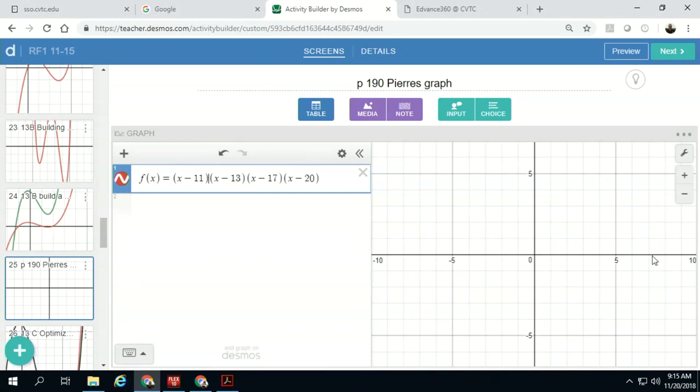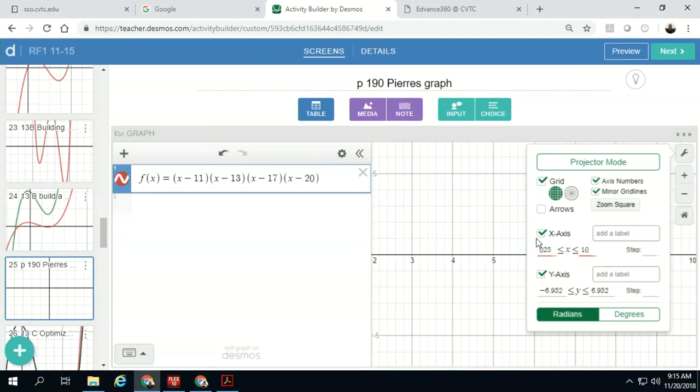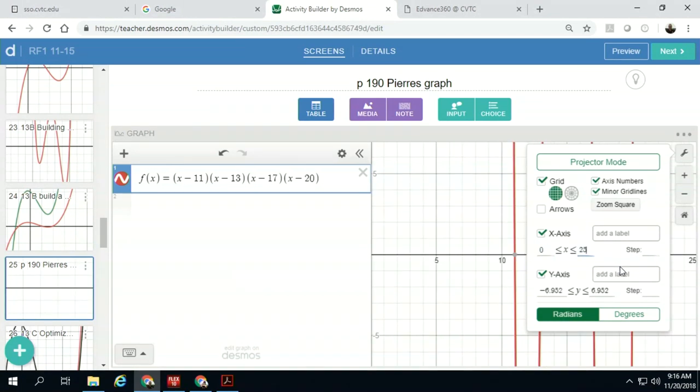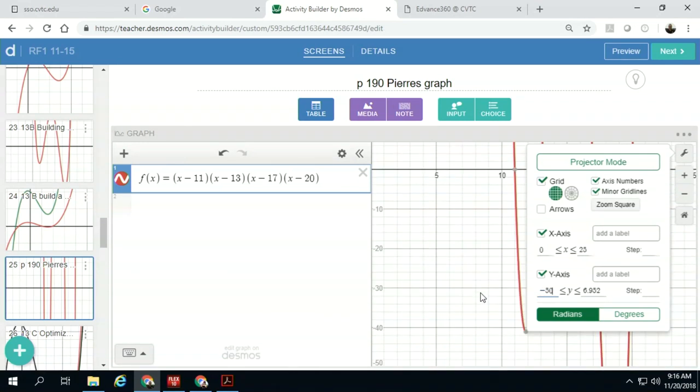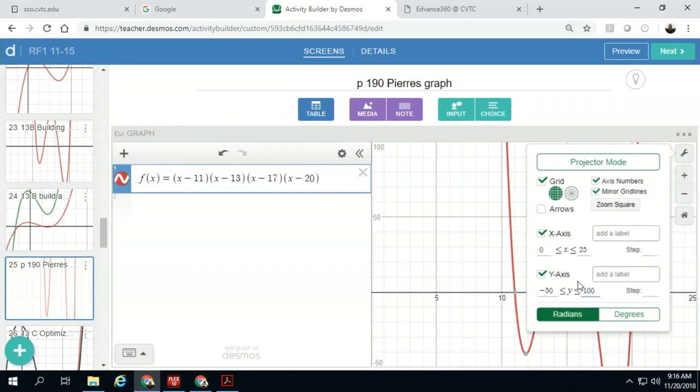Notice my window doesn't even start till 20, so let's go from x going from 0 up to 25. Oops, 0 up to 25. And then my y, let's go from negative 50 to positive 100. And I'm going to show you why in just a second.